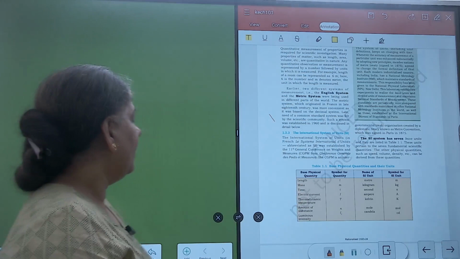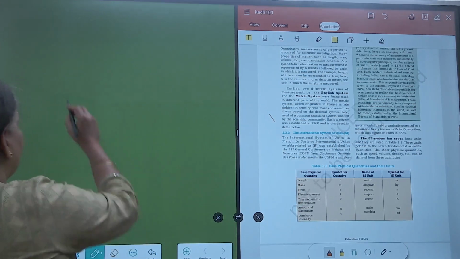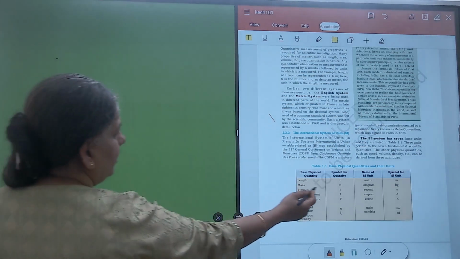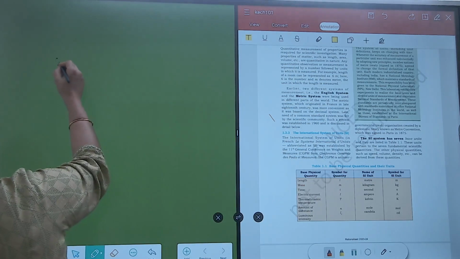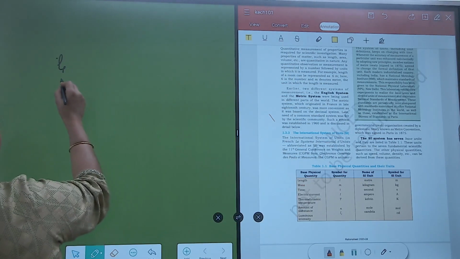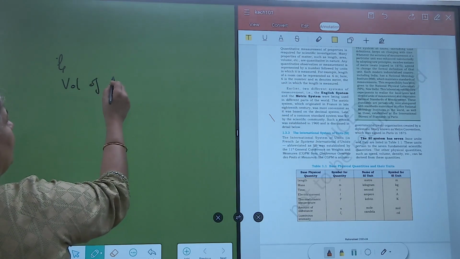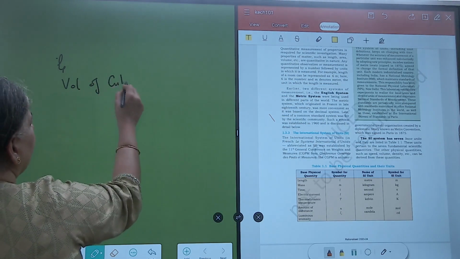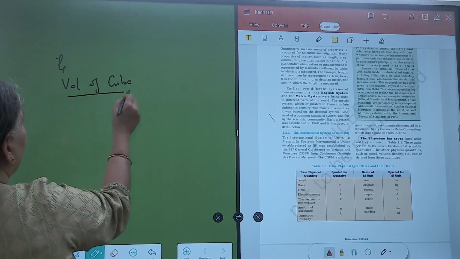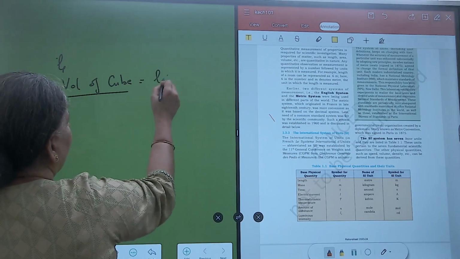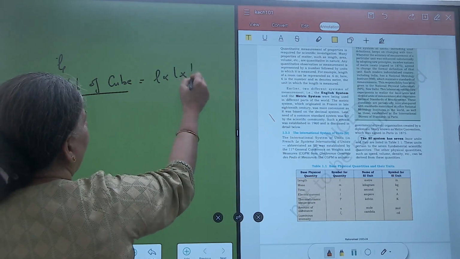For example, length is the basic unit, and with the help of length we can find the volume of a cube. That is length into length into length.